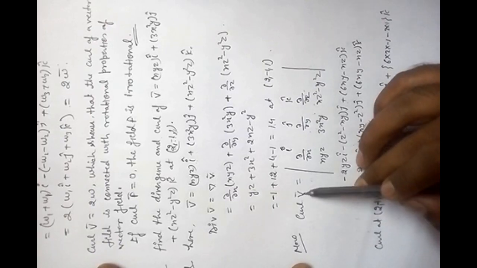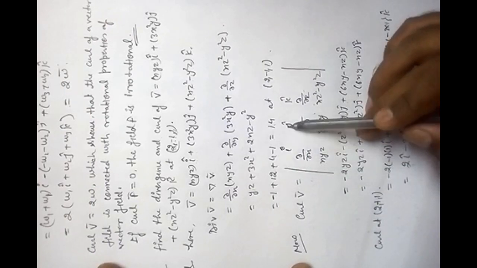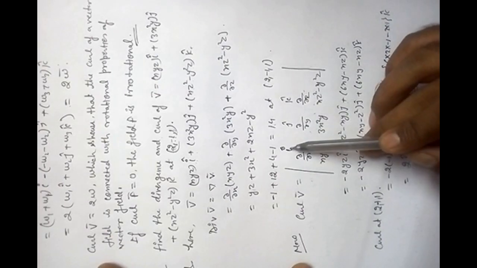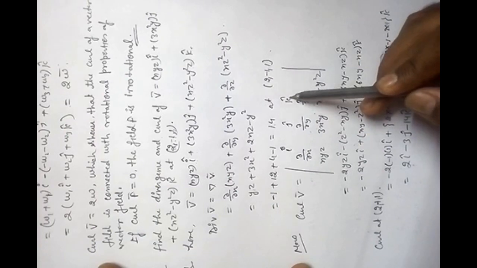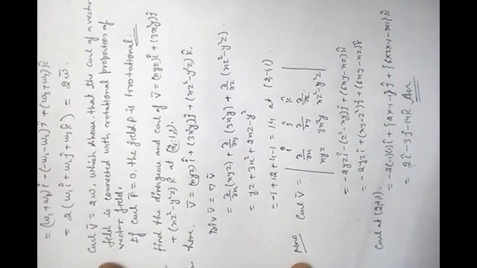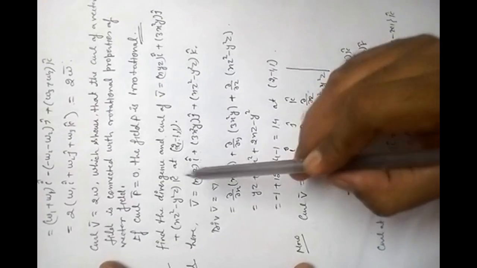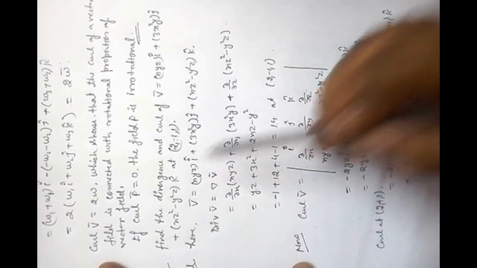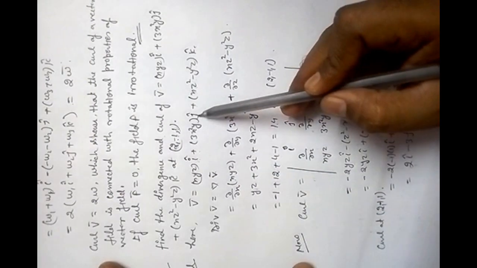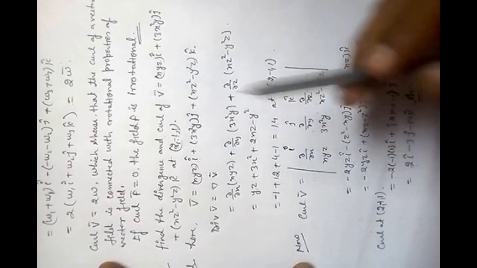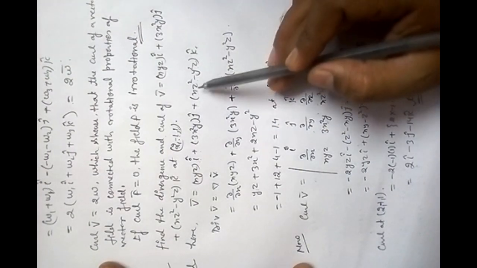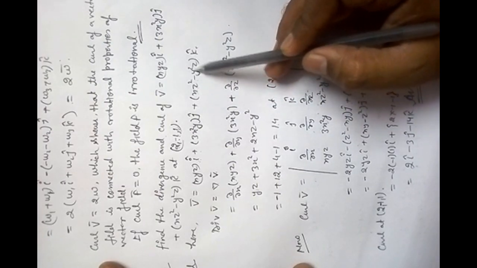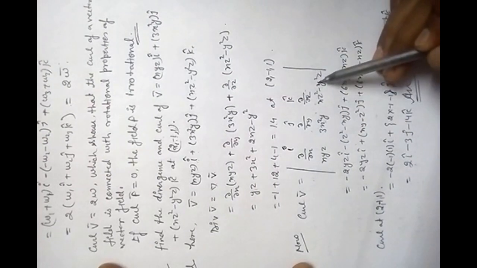For curl, vector v is the determinant of i j k, coefficient of i del by del x, coefficient of j del by del y, and coefficient of k del by del z. And from vector v, the coefficient of i is xyz, put here. Coefficient of j 3x square y, put here, and coefficient of k xz square minus y square z, put here.